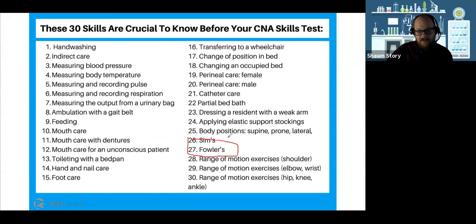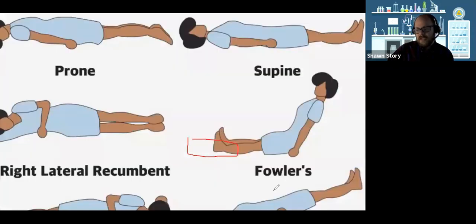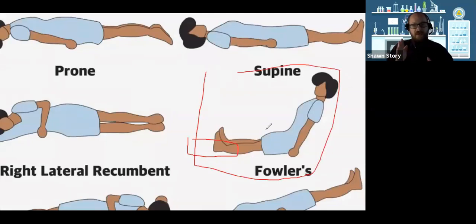Sims and Fowler's are also other positions here. Let me find a picture here. So this is the Fowler's position that we see here. So how do we get them in that kind of sitting upright position?